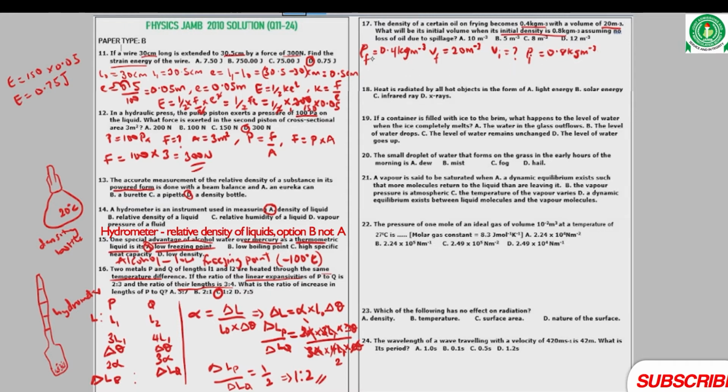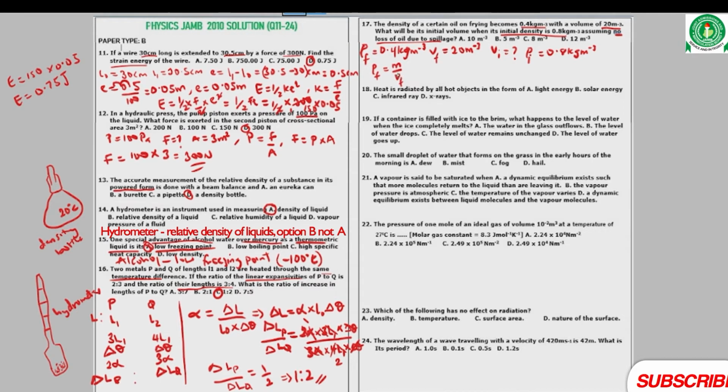Now the first thing you need to know is that the mass is constant, because we are told there is no oil spillage. So the mass of the oil is constant, and we need to find the mass first. We know that the density of a substance, which is the density of the frying oil, is equal to mass over volume. Since the mass is constant, the mass remains the same.